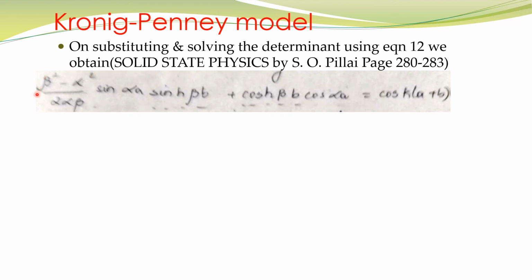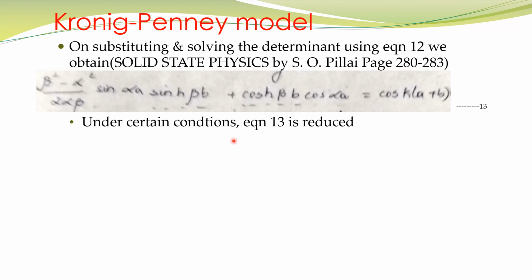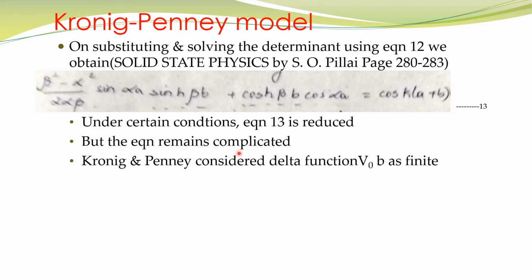We get directly this equation: beta square minus alpha square upon 2 alpha beta, sin alpha a sinh beta b, plus cosh beta b cos alpha a, is equal to cos k into a plus b. Sinh and cosh are hyperbolic functions. This is equation 13. Under certain conditions, equation 13 is reduced, but the equation remains complicated.